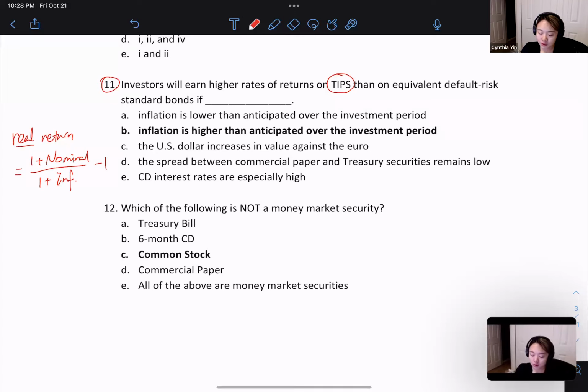So real return is the growth of your real buying power, right? People sometimes care more about real return because even if you make a lot of money, if you cannot use it to buy goods, it's useless.